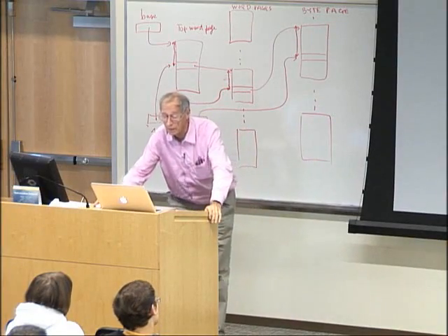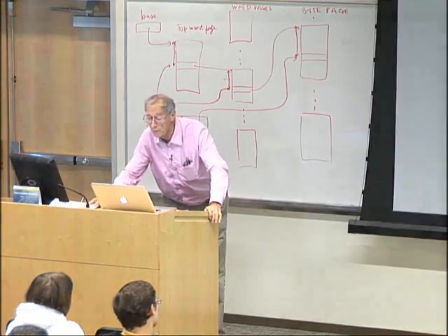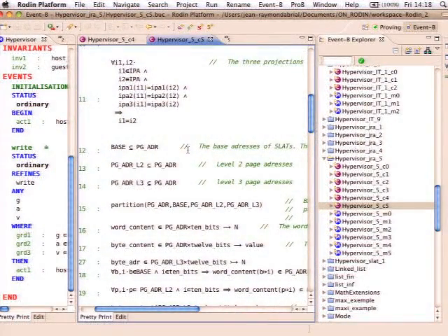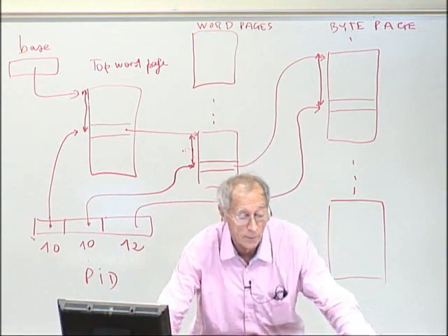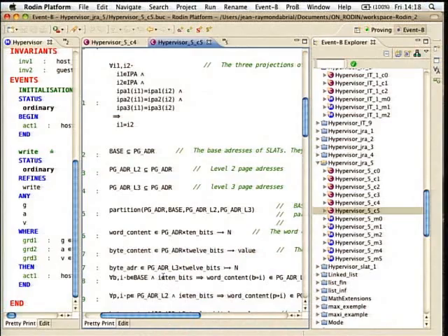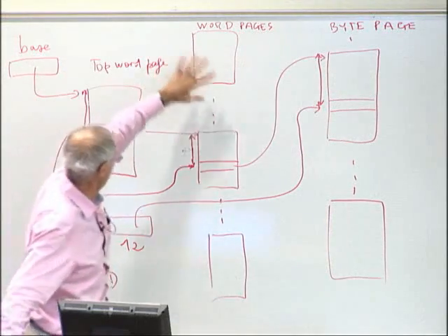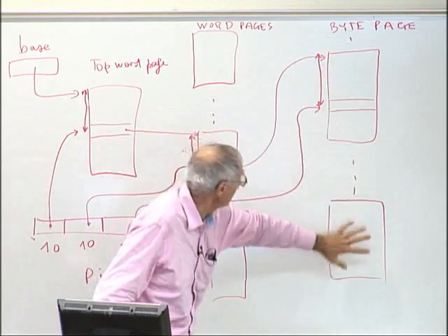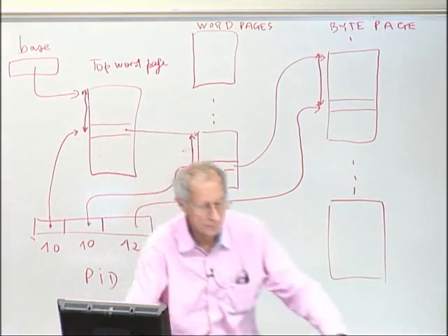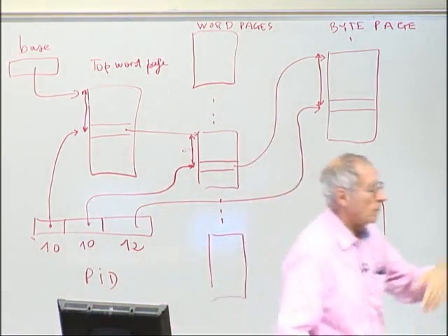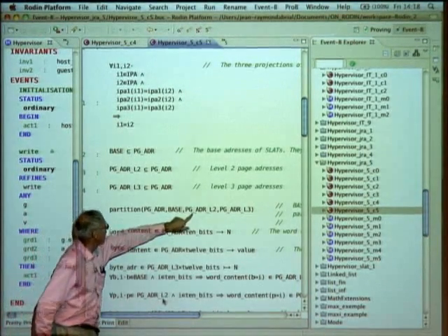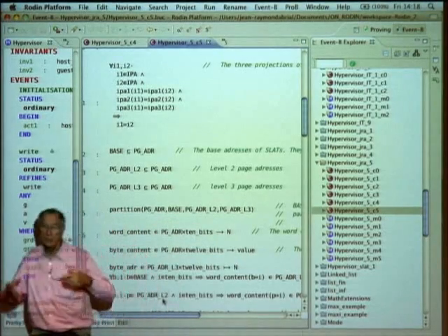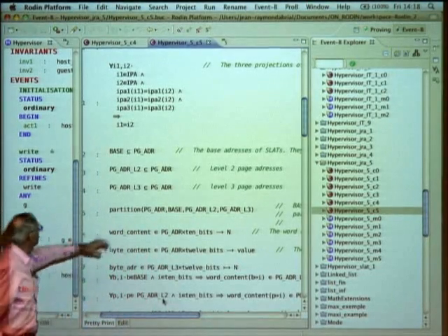And now I define the base. The base is a page, is a bunch of page addresses. These are all the bases for all the guests. And now I define page address L2, which corresponds to this, and page address L3, which corresponds to this. And between the base, the page address L2 and the page address L3, they form a partition of the page addresses.